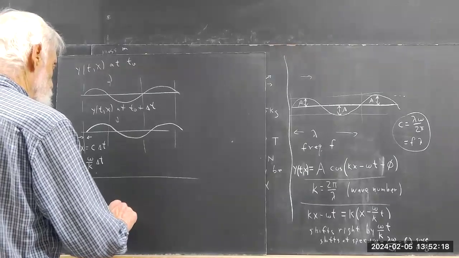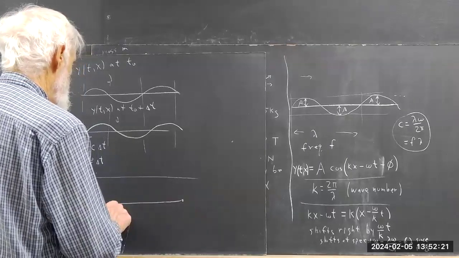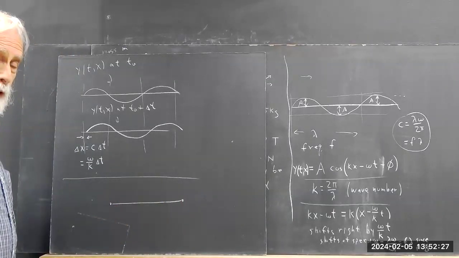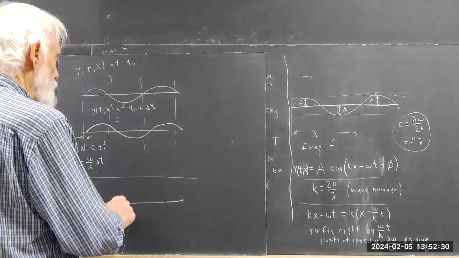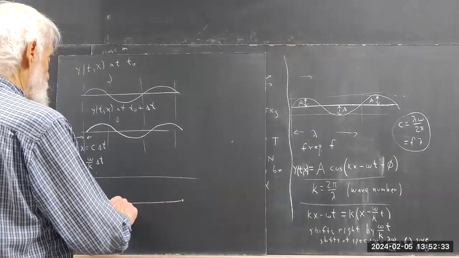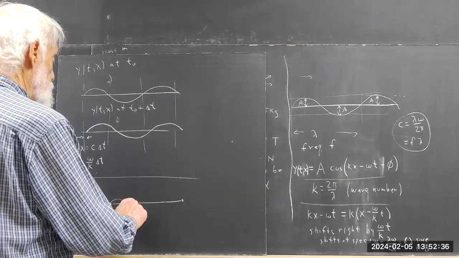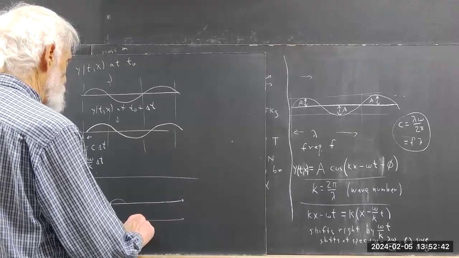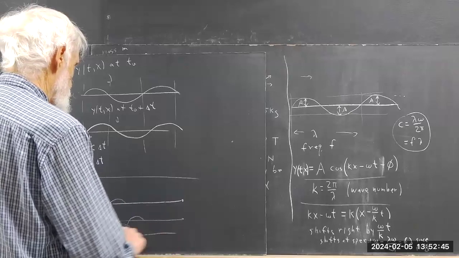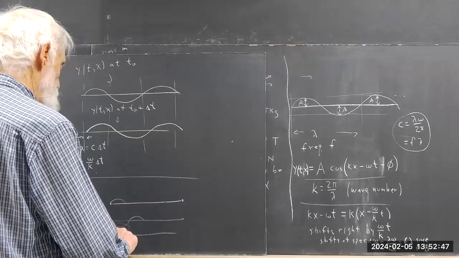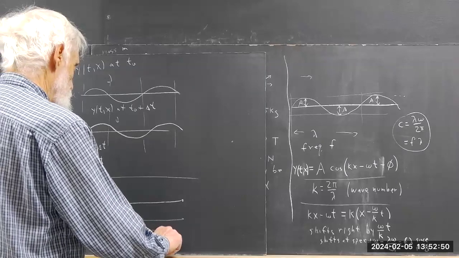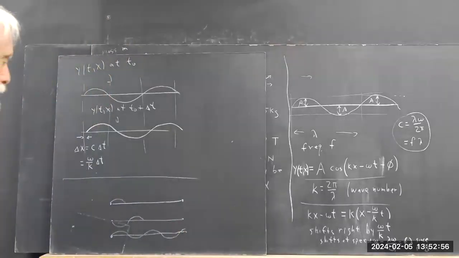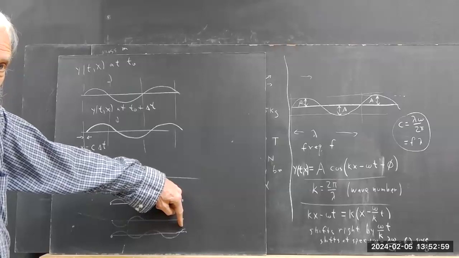Last thing, I drew this as a string between two points. I haven't mentioned what happens when the wave gets here. When the wave starts out like so, you have this pulse, then an opposite pulse, but this pulse keeps going. Eventually you get here, and the disturbance meets this end.